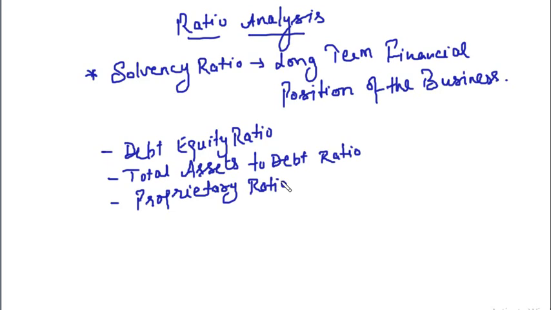So we have covered these three ratios under the solvency ratios, that is the debt equity ratio, total assets to debt ratio, and the proprietary ratio. Now in this lecture we are going to cover the fourth type of solvency ratio, fourth and the last one, that is interest coverage ratio.